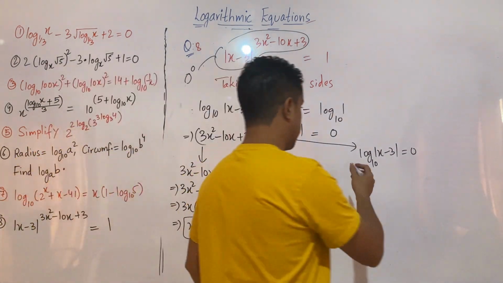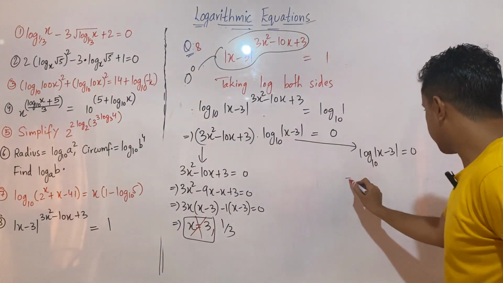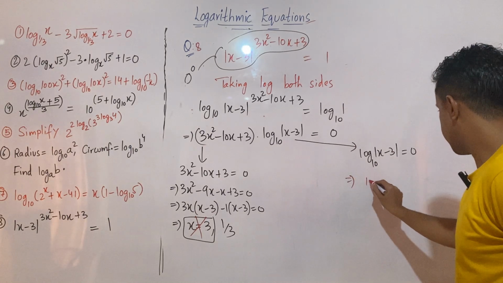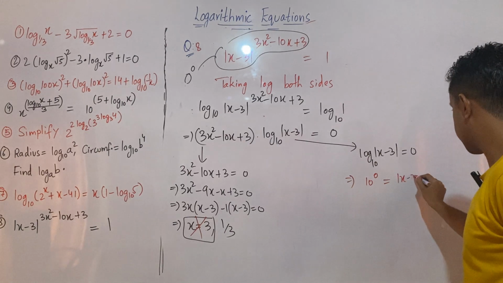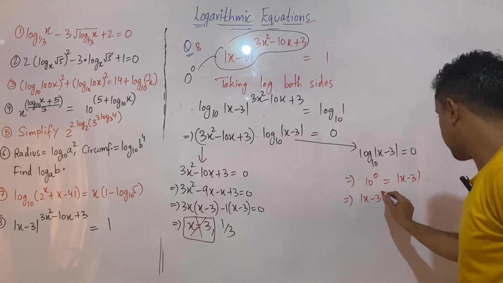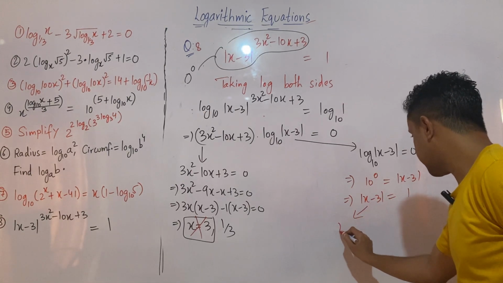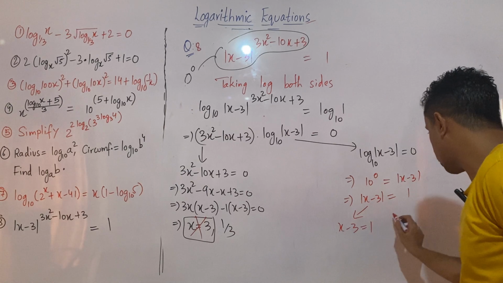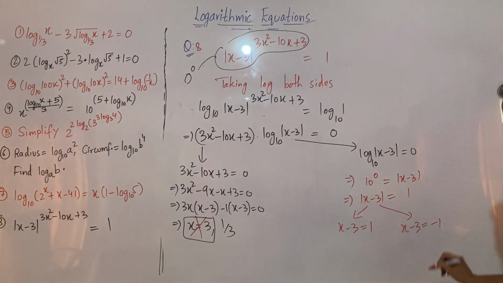And from here, 10 raised to power 0 is going to be mod of x minus 3. This is 1. So mod of x minus 3 is going to be 1. What does it mean? It means x minus 3 is going to be 1, or x minus 3 is going to be minus 1.